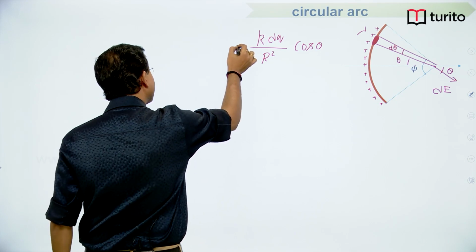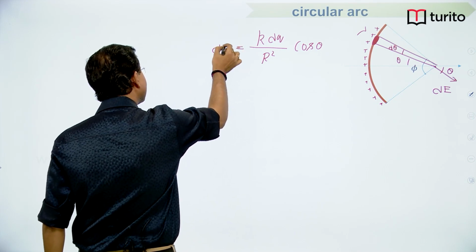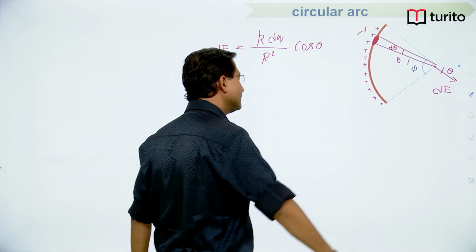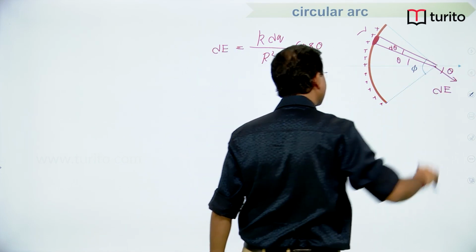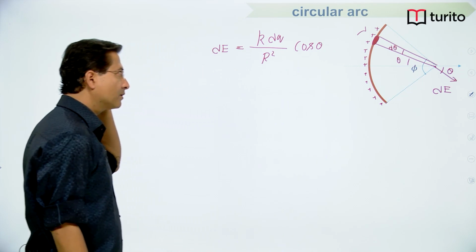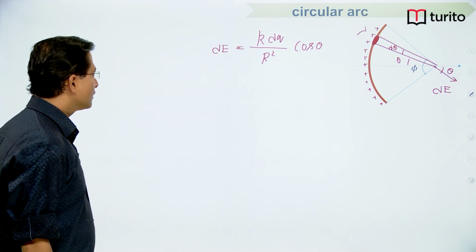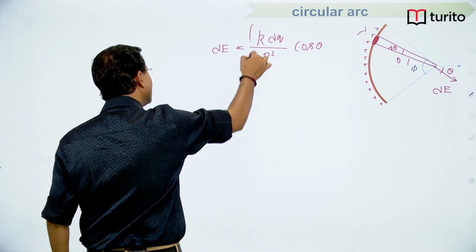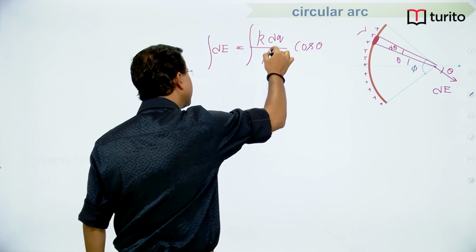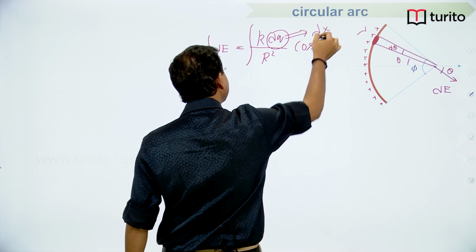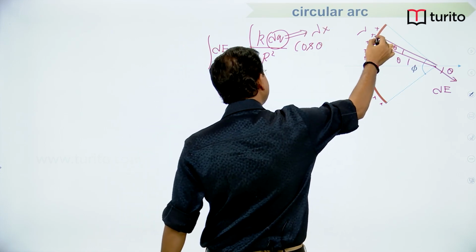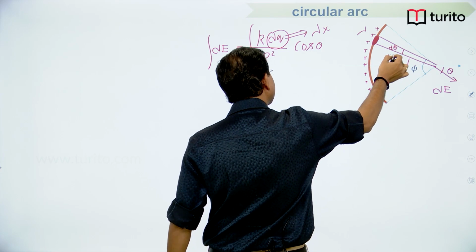This will give me the component along the bisector of the arc, right. Here we can write dq is equal to linear charge density lambda into r d theta.